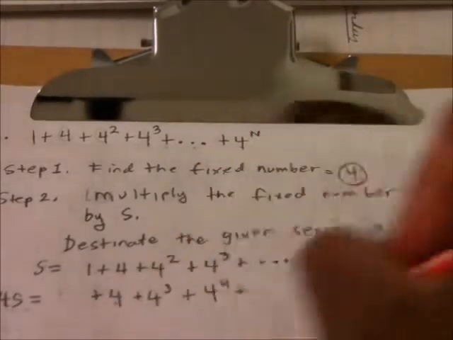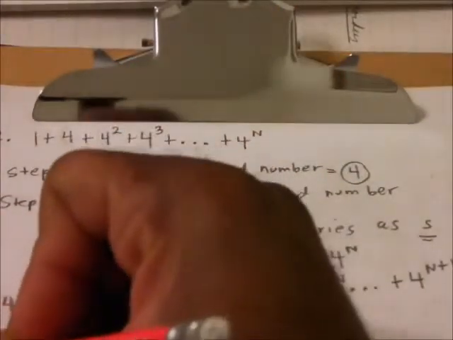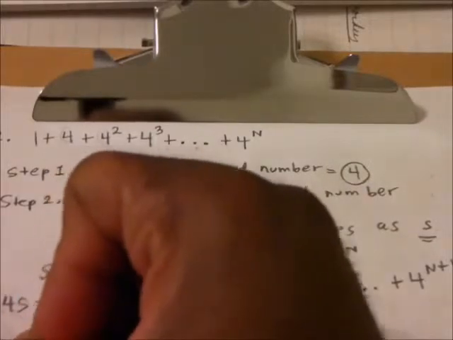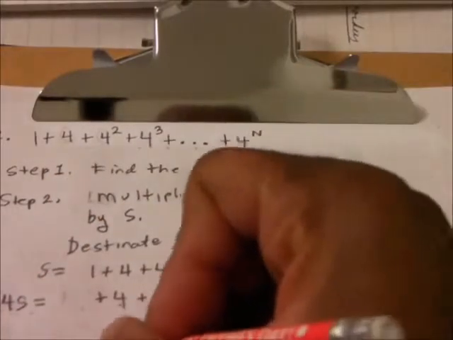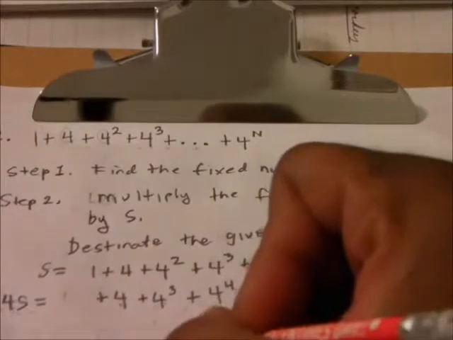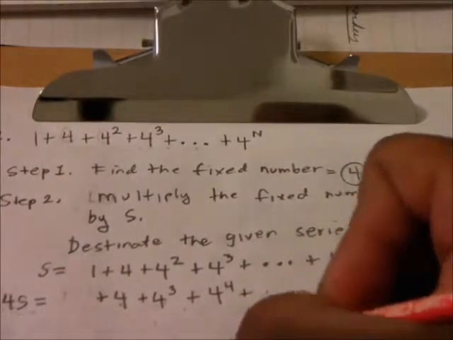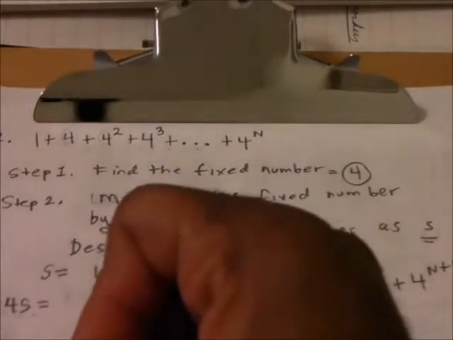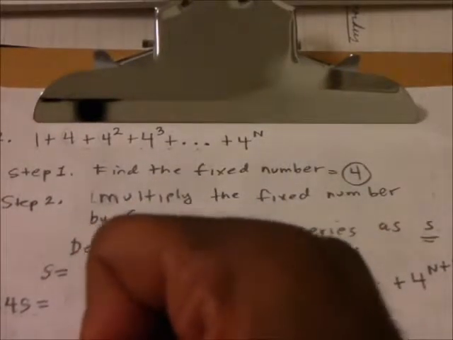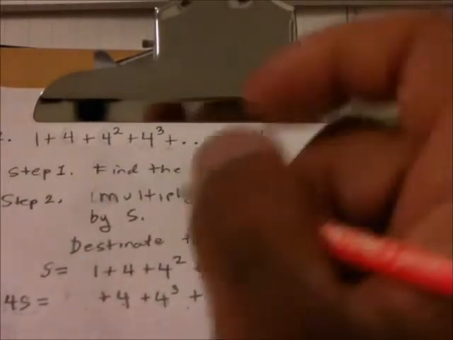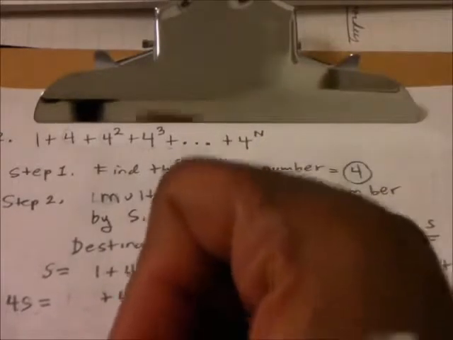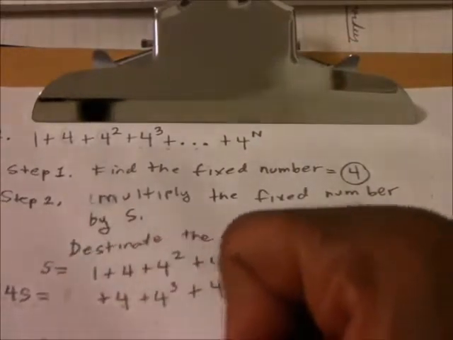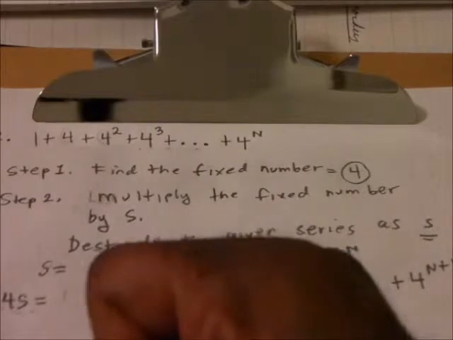All right. So once we made these increases, step 3, find the difference. So we have 4s minus s, and we're going to set this like an equation. This is the equal sign.